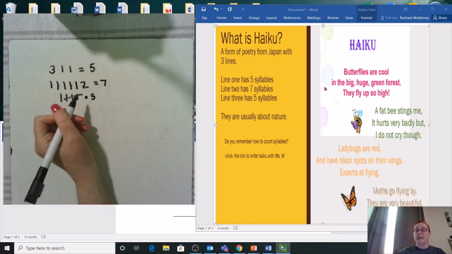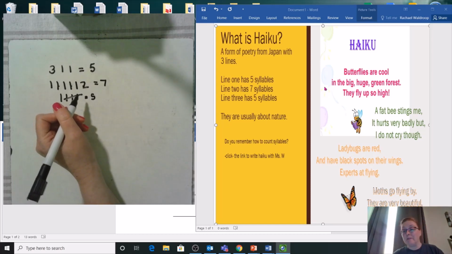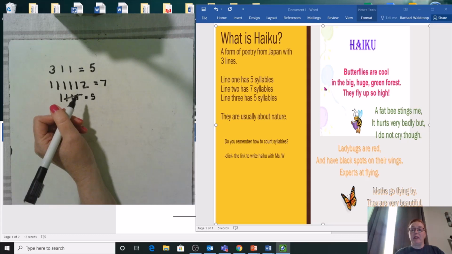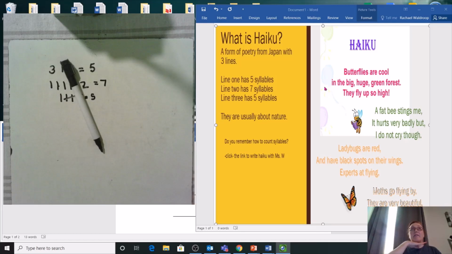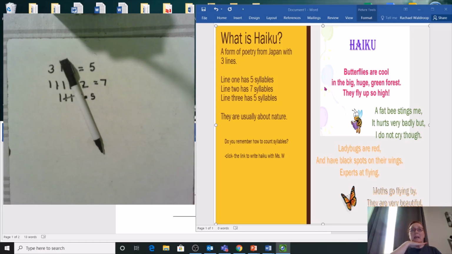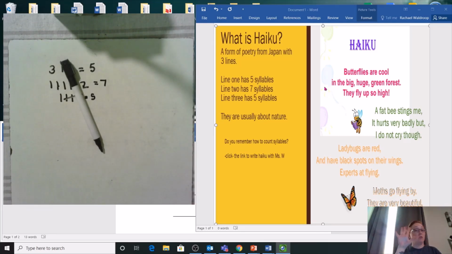Take a look at the next one. It's right next to the bee there. A fat bee stings me. It hurts very badly, but I do not cry though. A fat bee stings me. Just from reading it, there's only 5, and I can see how many words there are too.